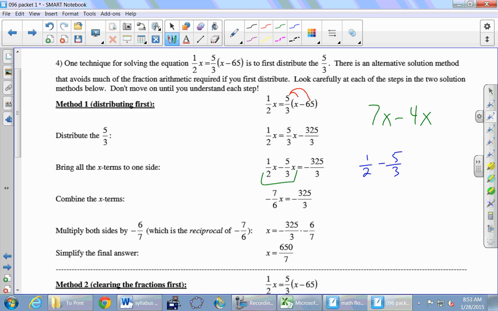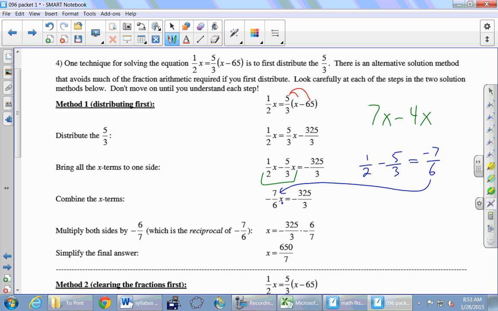We're not going to do this now, but I'm assuming you guys know how to build the lowest common denominator and subtract two fractions. According to what I've got here, the answer is -7/6. I'm just copying that. I didn't do the arithmetic here, but I'm trusting that you guys can do that later. And then finally, I've got my x right here, and I'm trying to move this -7/6 to the other side.